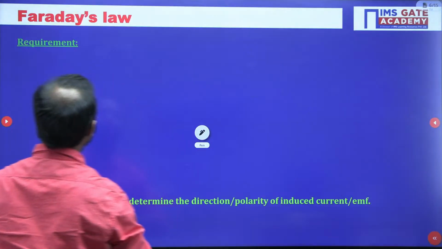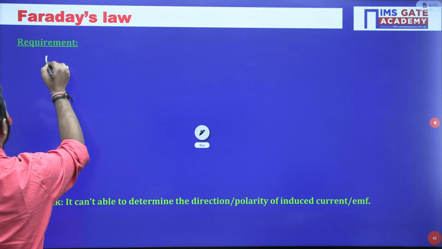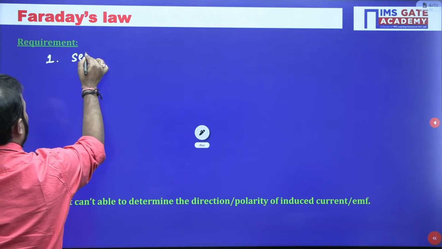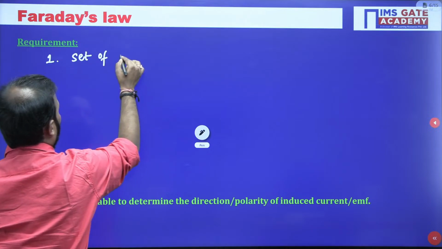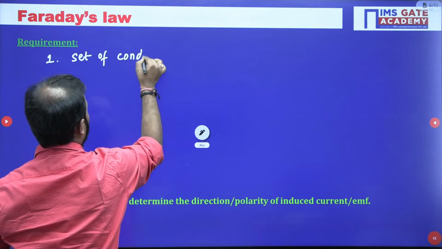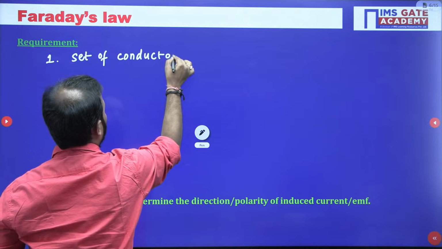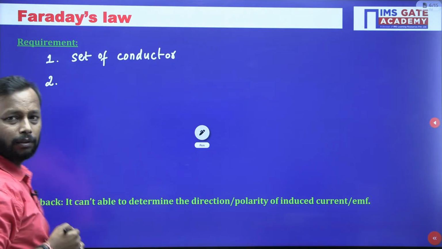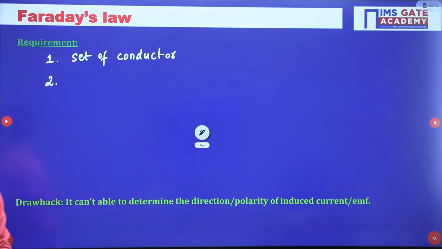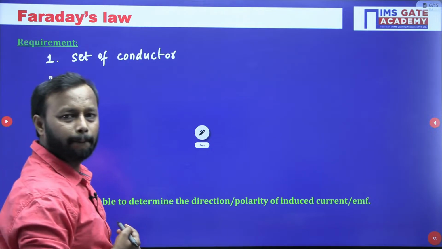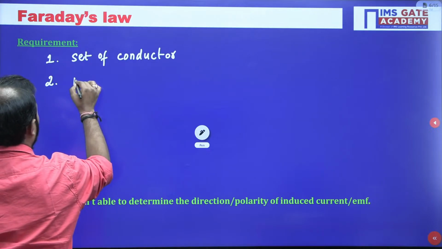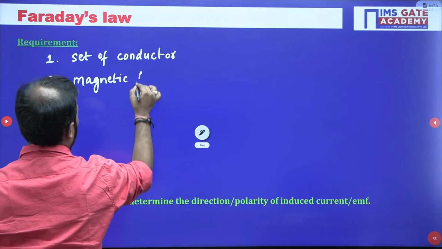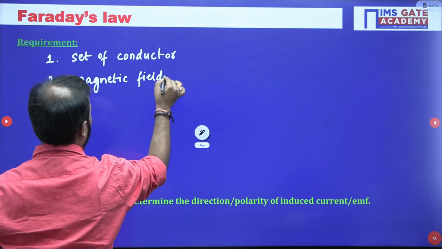देखो कैसे होगा? See, what are the requirements? First, the first requirement is a set of conductors in which the EMF is going to be induced. Second, magnetic field.